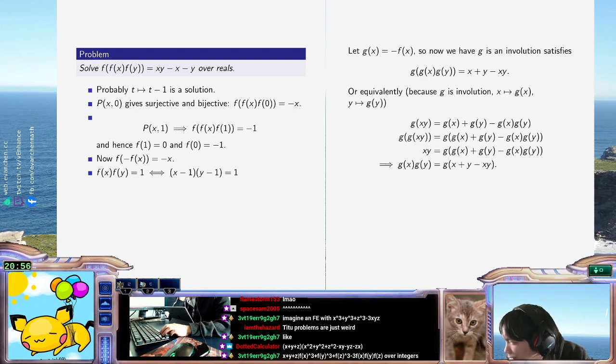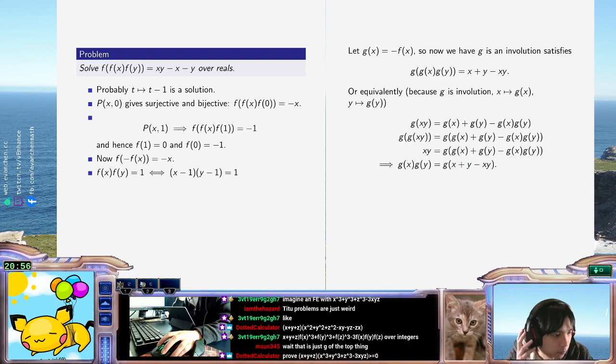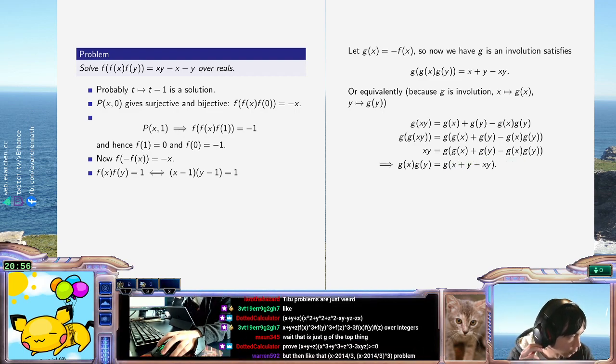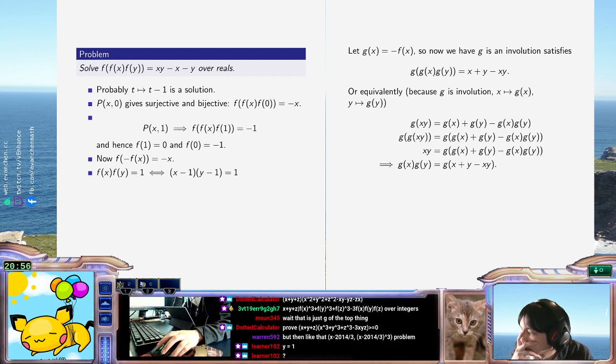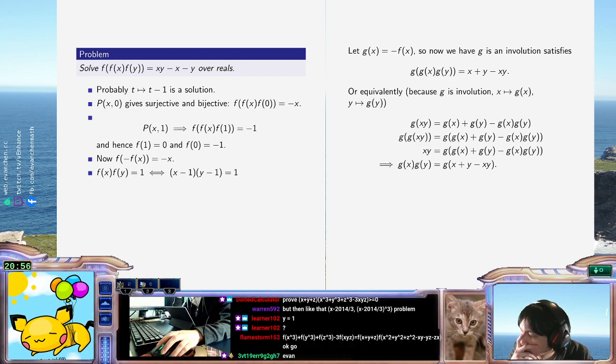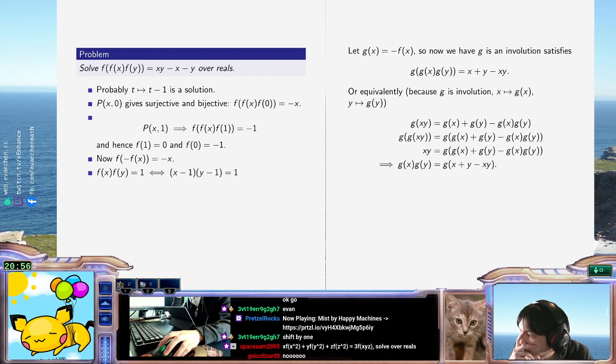Okay, what do I do now? Can I take g of both sides of this?